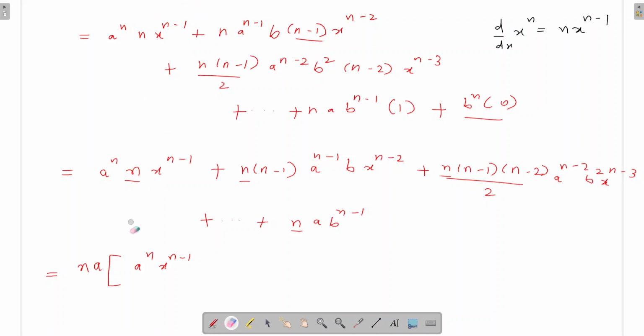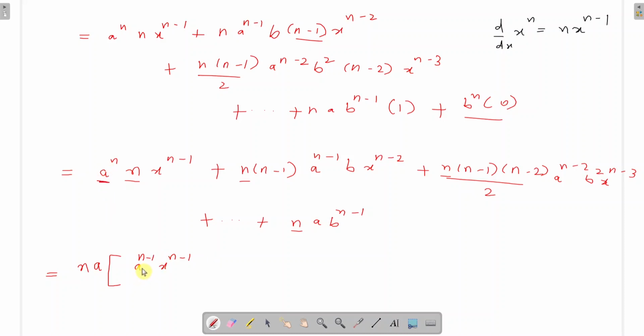Then what we'll get here, since we have taken one a out of each term, the first term will become a raised to n minus 1 x raised to n minus 1, because we have taken a out from a raised to n.